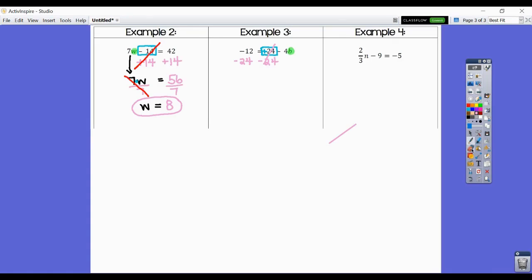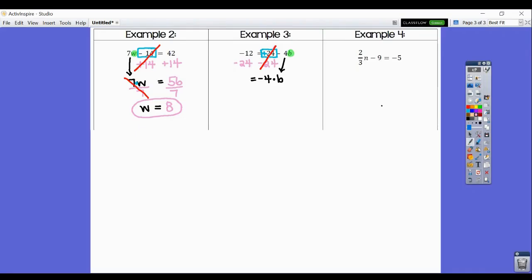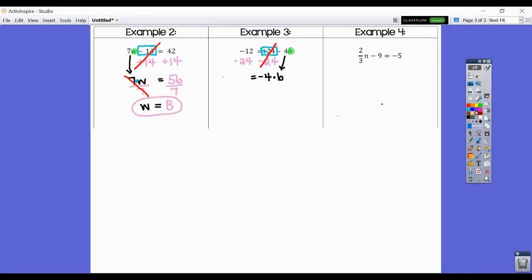That cancels out to 0. As long as your negative 24 plus 24 cancels out to 0, you know you did the correct opposite operation. Bring down everything that's left on the right side, which is negative 4 times our b there. Don't forget that's multiplication. And then we solve negative 12 minus 24 on that left side, and we get negative 36.